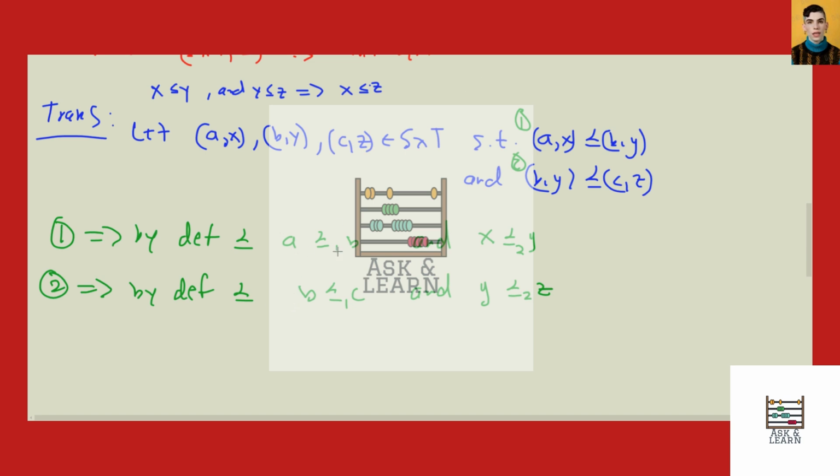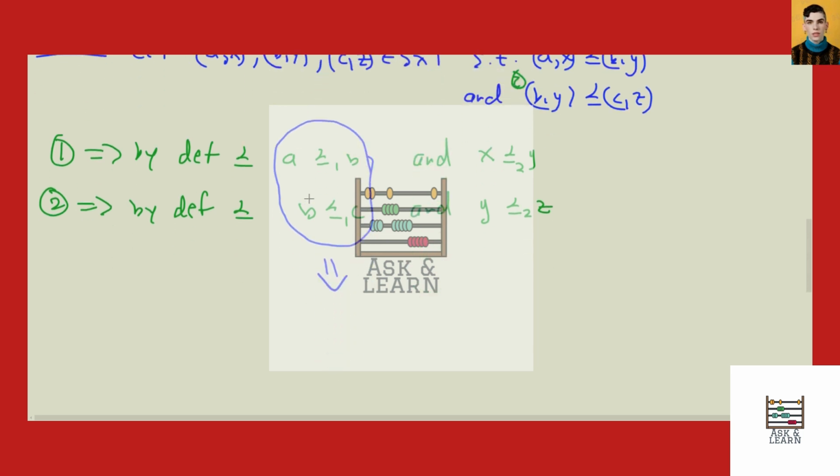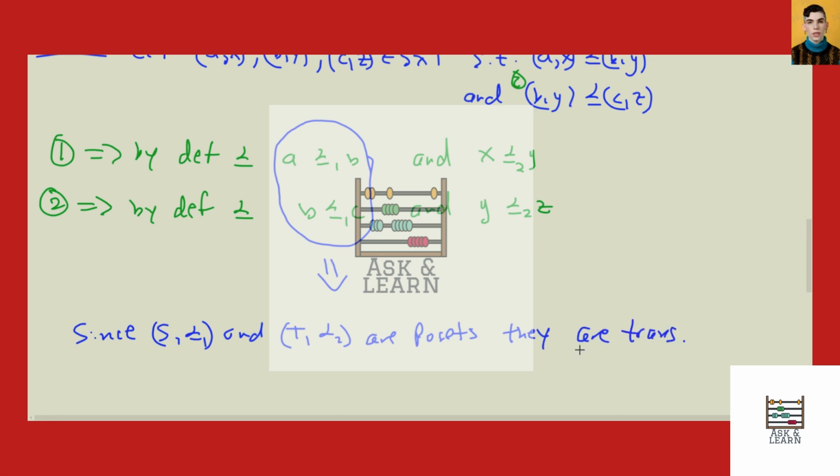Now, this here implies, since capital S with this first ordering and T with this second ordering are posets, they are transitive themselves.